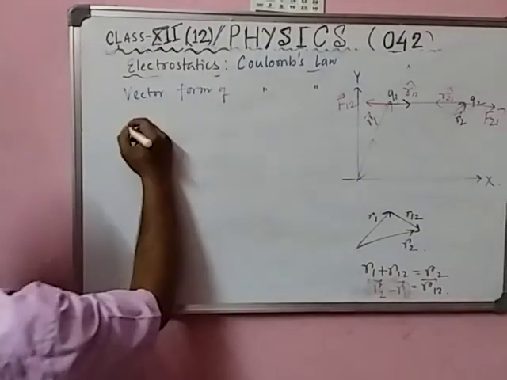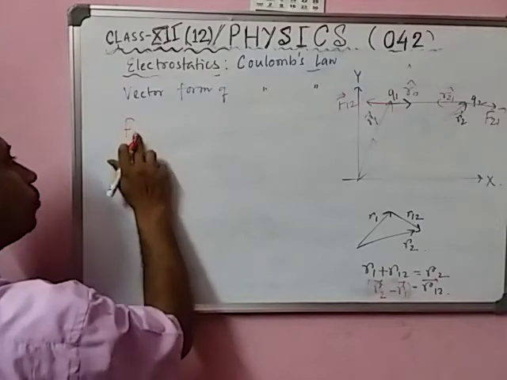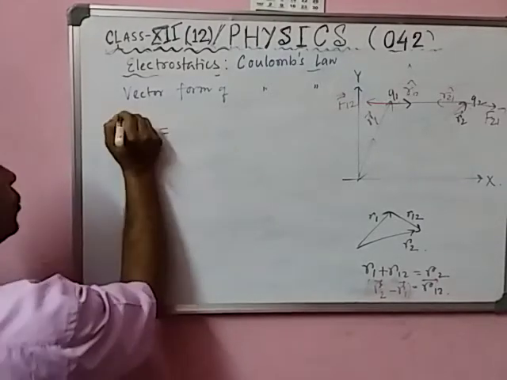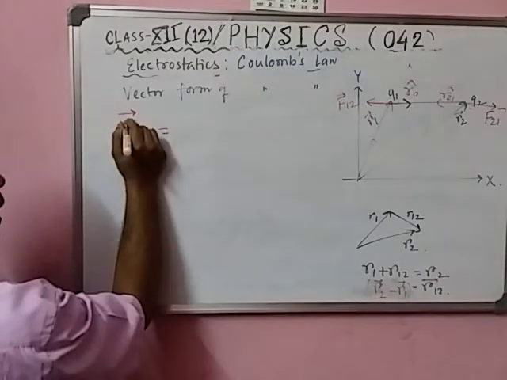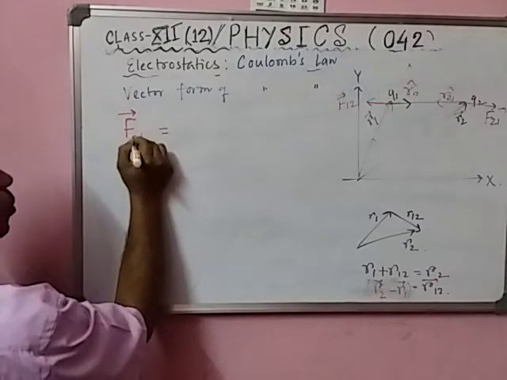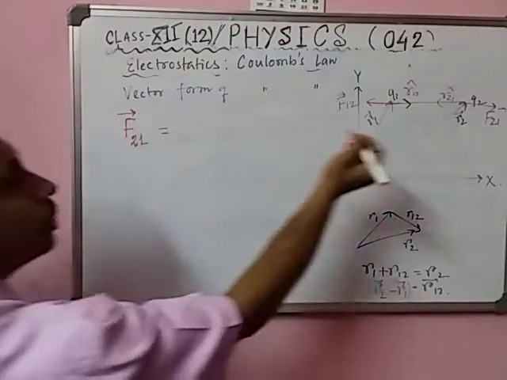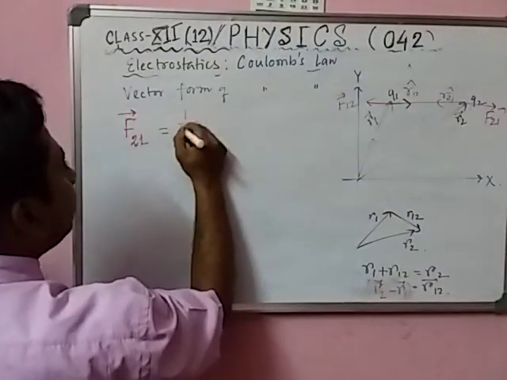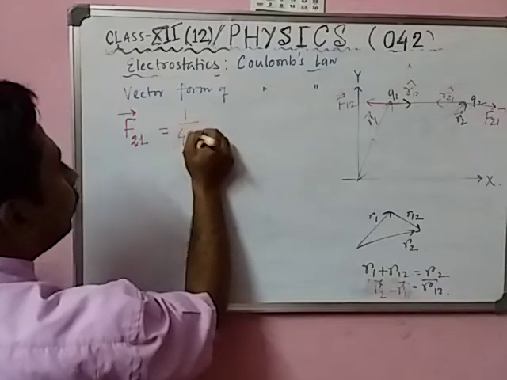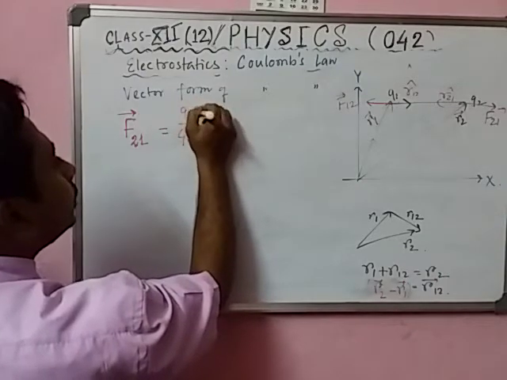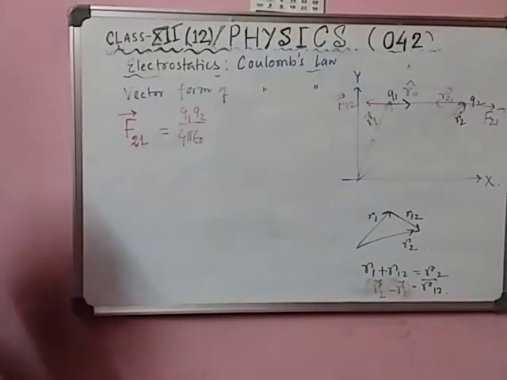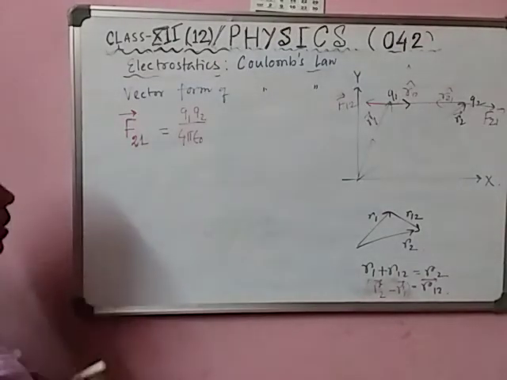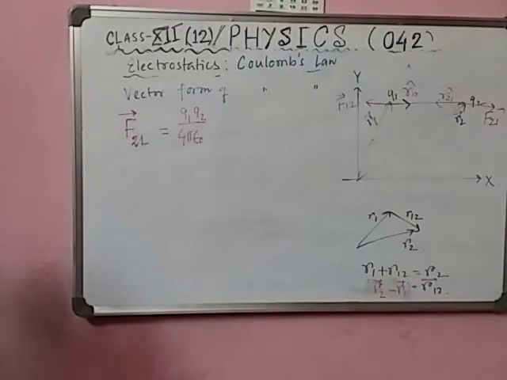So if I write F21, it means force on 2 due to 1. How much? You know these things, 1 by 4 pi epsilon naught is common, Q1, Q2 are also common. F21 is acting in which direction?